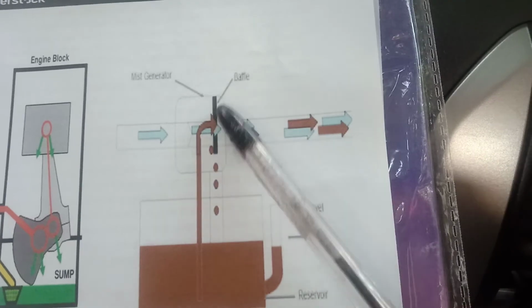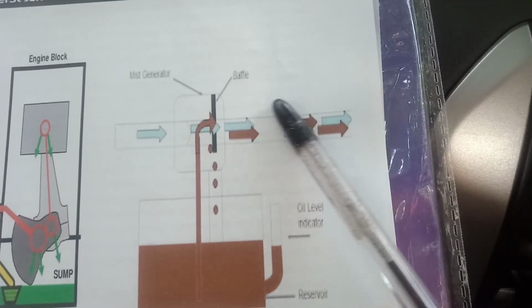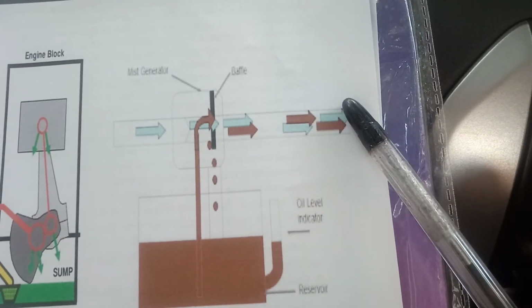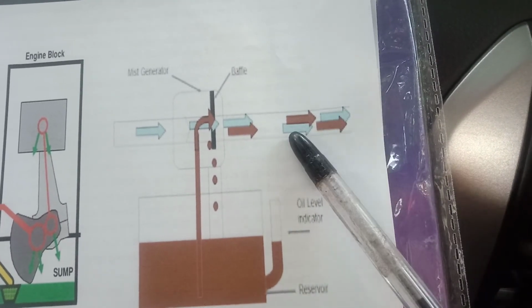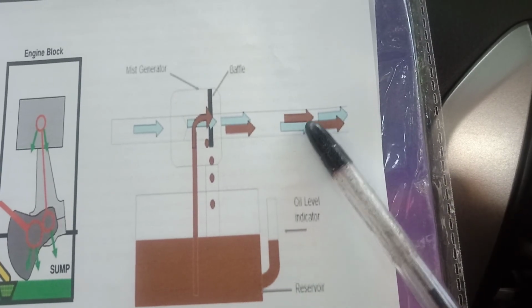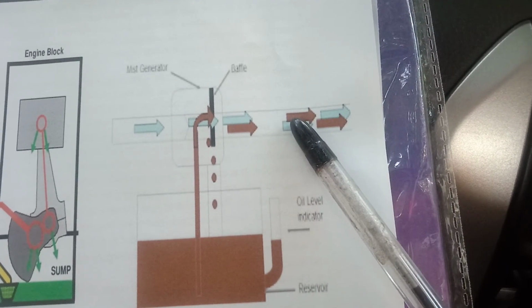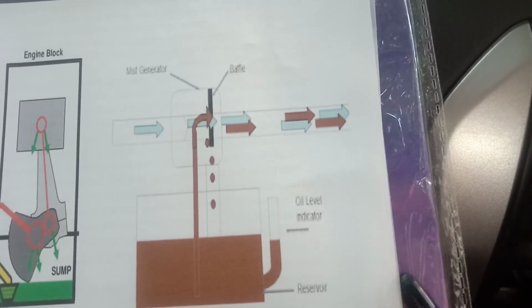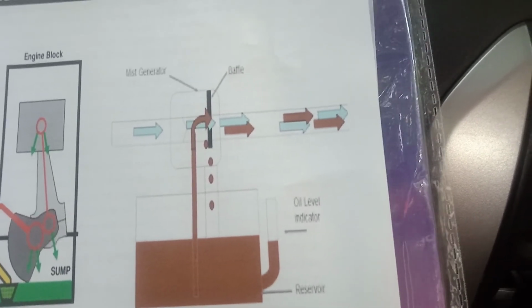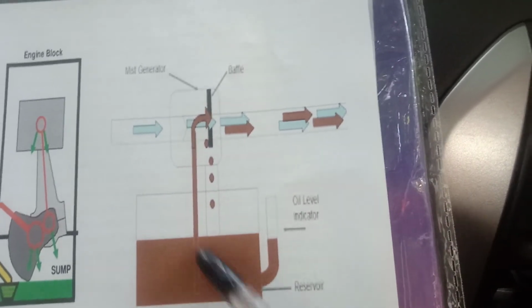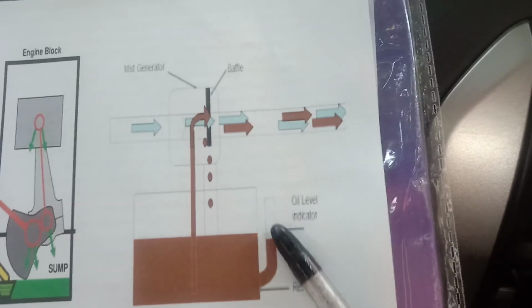After forming a film between all the moving parts and lubricating them, the oil is forced out through the exhaust stroke, and this burnt oil is accumulated in the silencer of the engine, and from the silencer it is dropped outside. So this is the working of mist type lubrication.